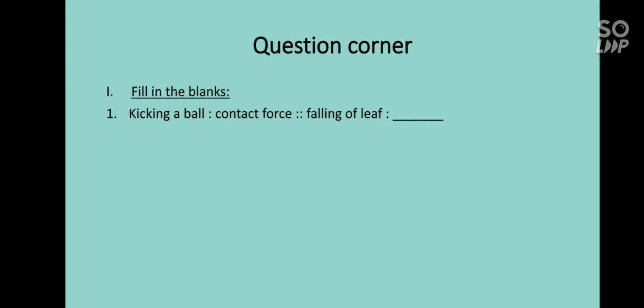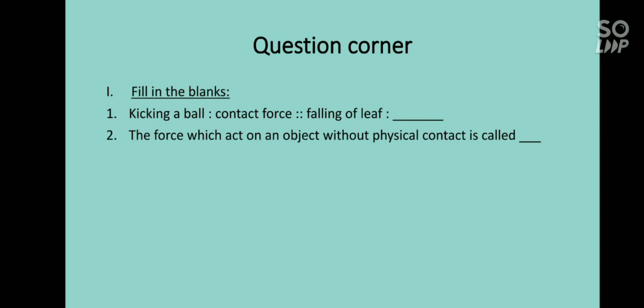So now it's question time. Fill in the blanks. Kicking a ball is a contact force. Therefore, falling of a leaf is what force? And next one, the force which acts on an object without physical contact is called dash.